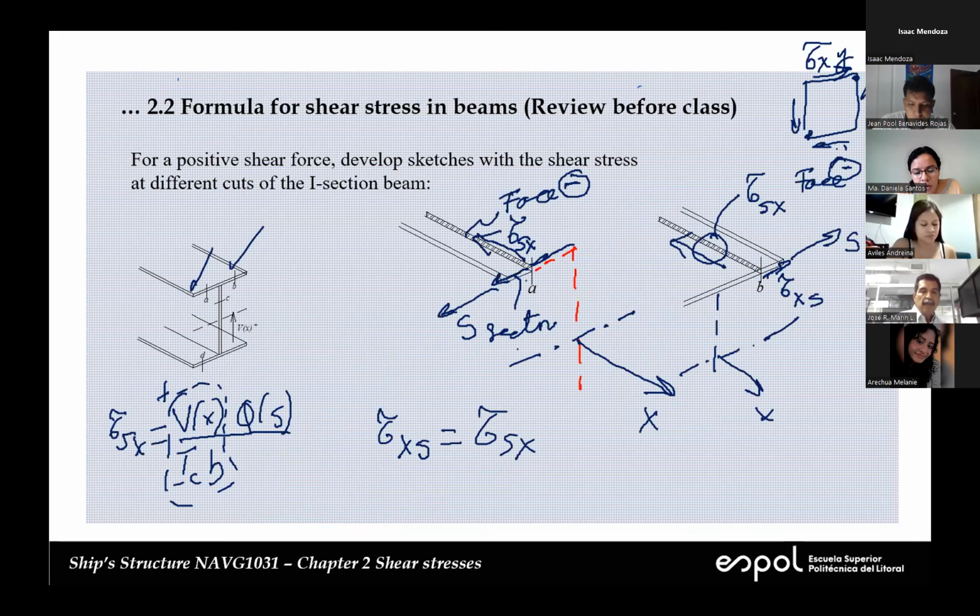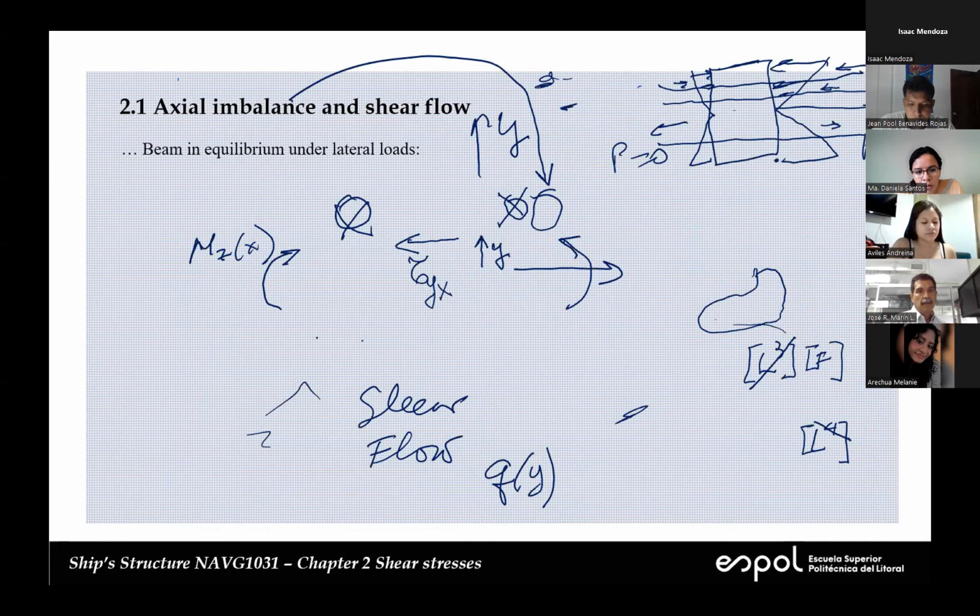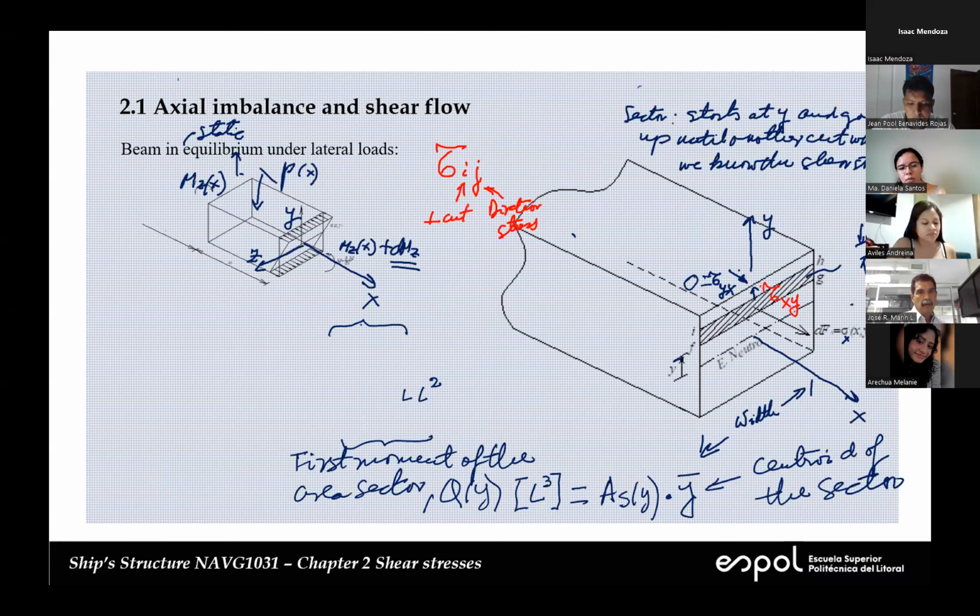Remember, let me go back. Here, we said we're going to define a sector, and the sector was defined considering a certain cut, in this case at position Y, and we went up until an open phase, because in the open phase we know that the shear stress is null.